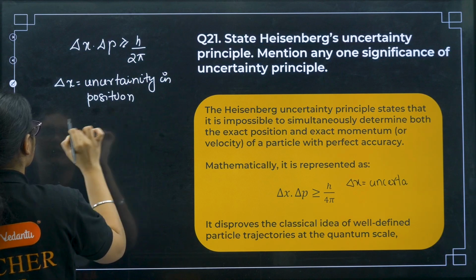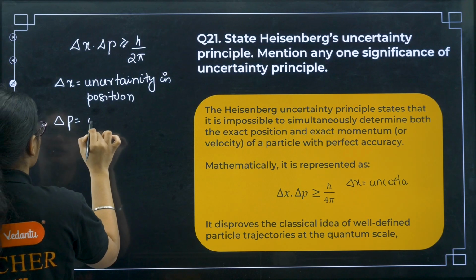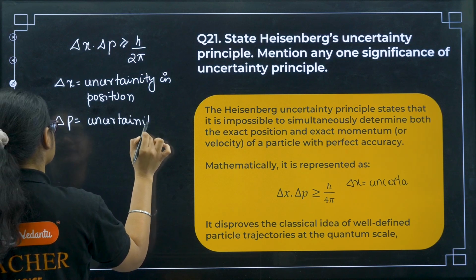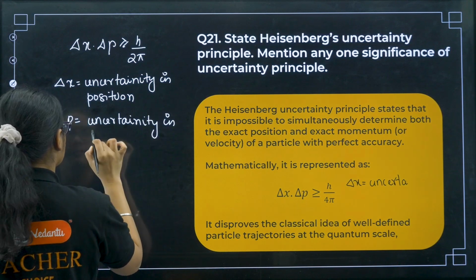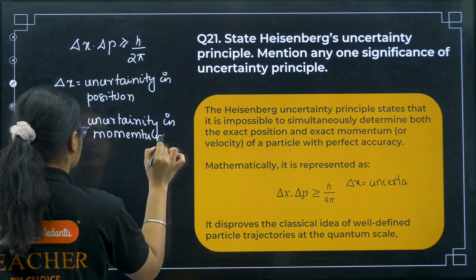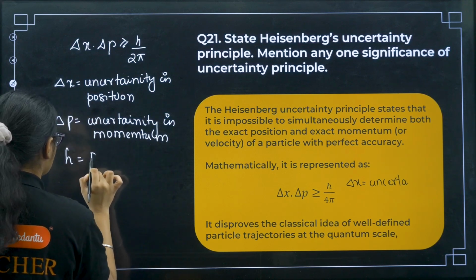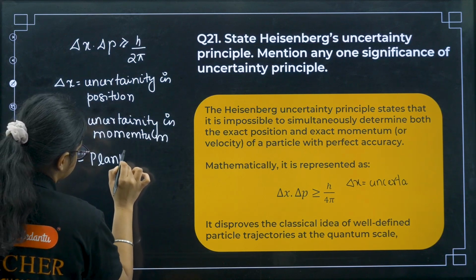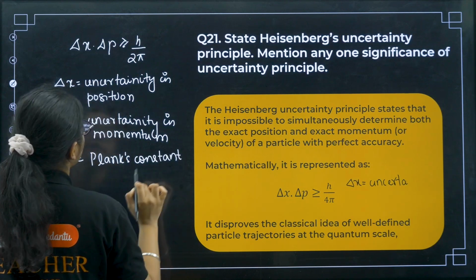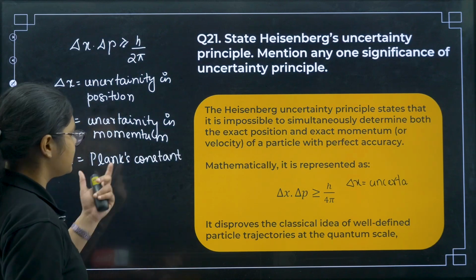What is delta p? You should write these terms: uncertainty in momentum. Next, what is h? H is your Planck's constant. Next we have 4 pi, that's the terms.